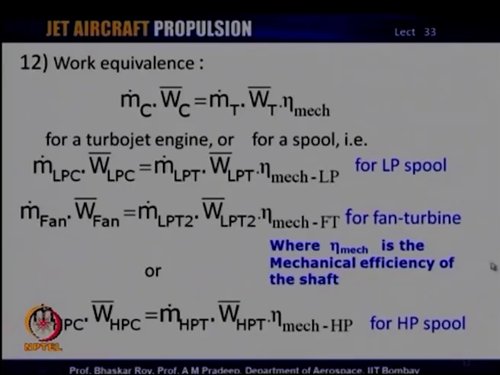If we have, let us say, a fan turbine, then the work done by the fan on the left hand side has to be matched with the LP spool that runs the fan, and the mechanical efficiency of the fan turbine. And of course, for the HP spool, which is the core of the engine, the HP compressor work on the left hand side has to be matched to the HP turbine work on the right hand side, again supplied through the shaft, with its mechanical efficiency.